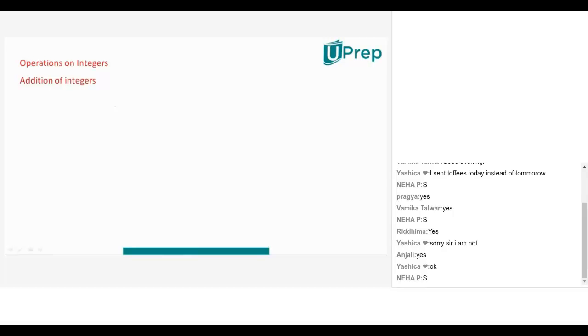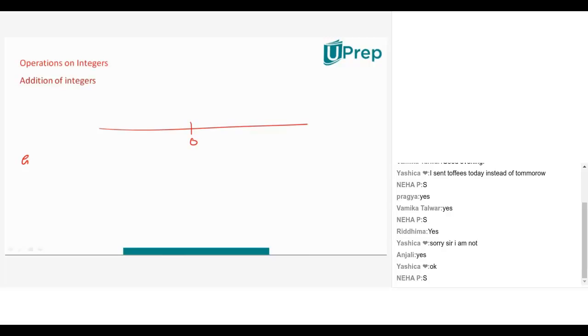Okay. So guys, the first slide says addition of integers. Now, whenever we are talking about operations that we perform on integers, for example, say addition or subtraction, I told you guys in the previous session, try to imagine a number line in front of you.